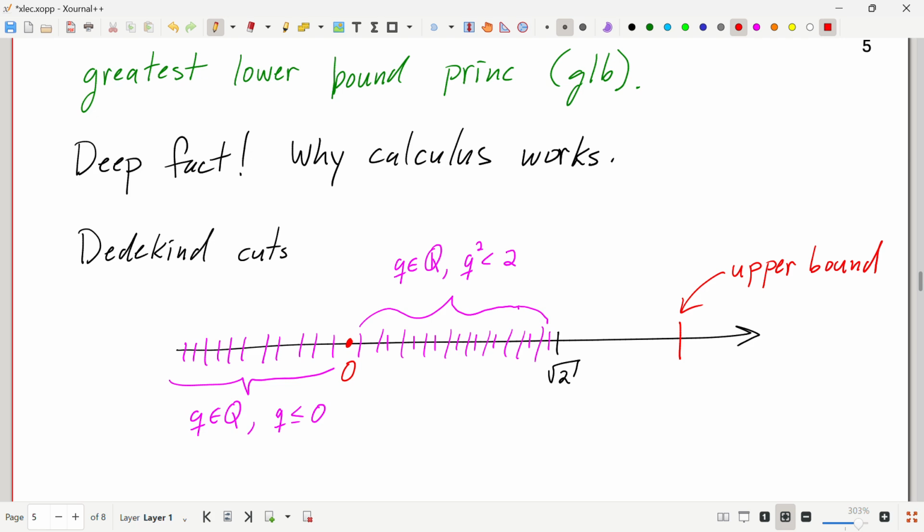And that's why the order properties were important in the foundations here. Okay, that's an upper bound. And I can slide that upper bound until I can slide it right down to the square root of 2. This is a least upper bound.